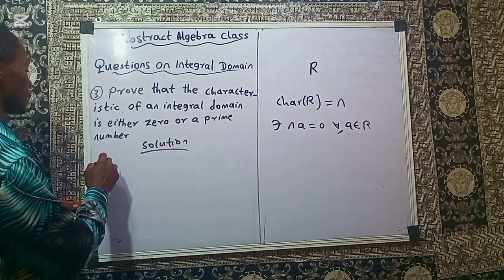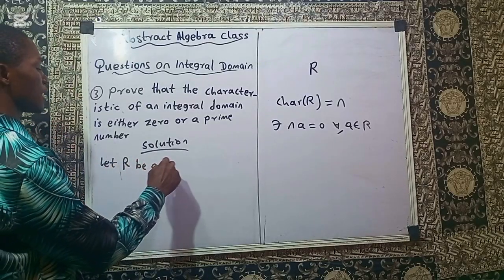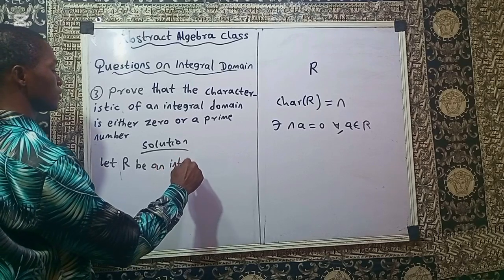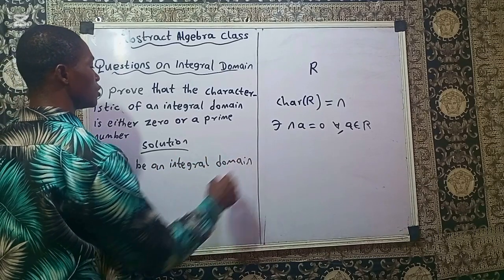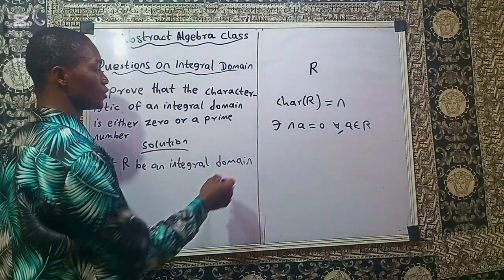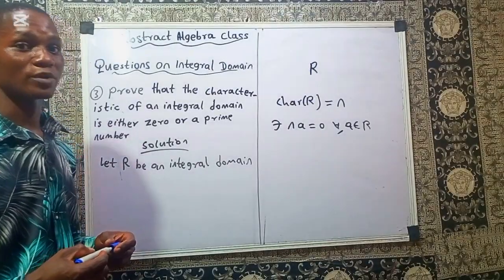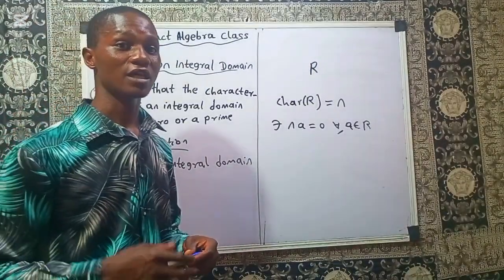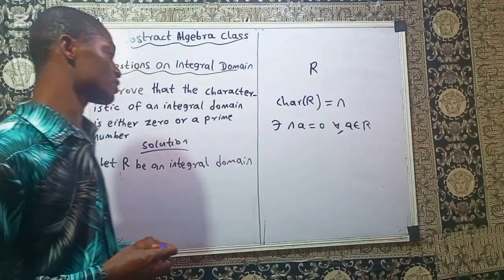So I am going to say let R be an integral domain. If R is an integral domain, we already know some of its properties: R is a commutative ring, R has identity, and it has no zero divisors.